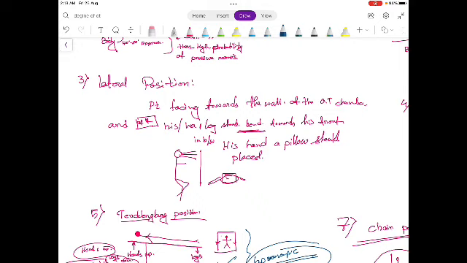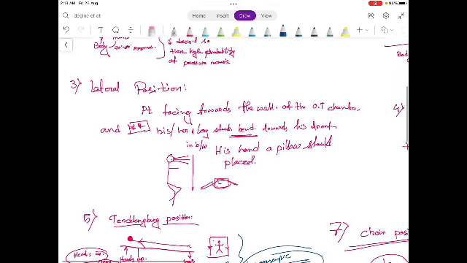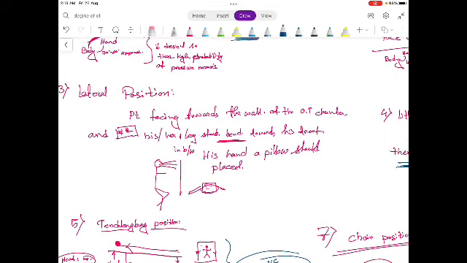So coming to the next point, that is the lateral position. This lateral position is used for various reasons. For an aged patient, anesthesia should be given like this.